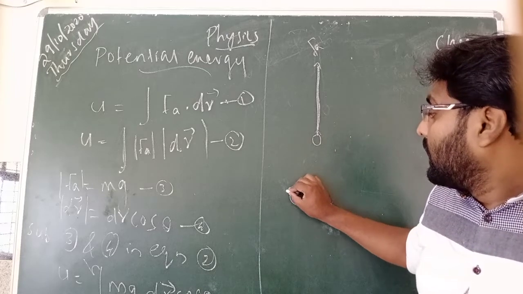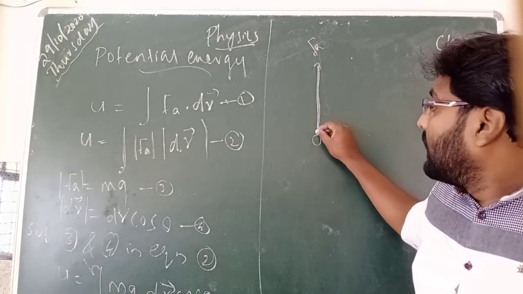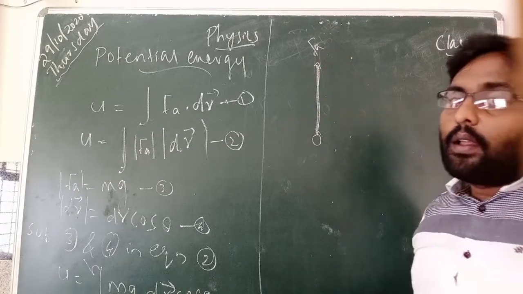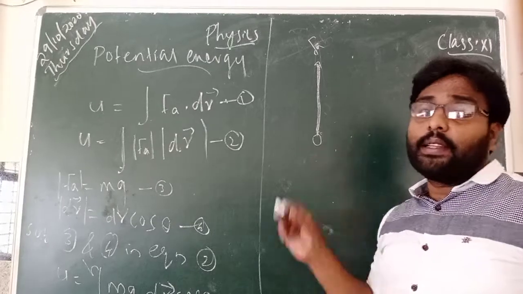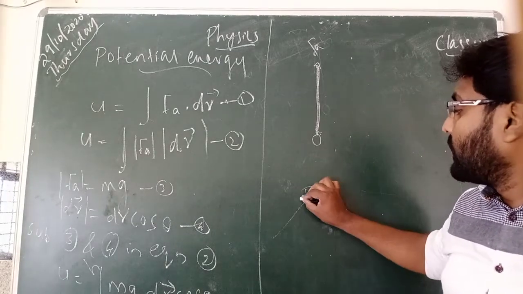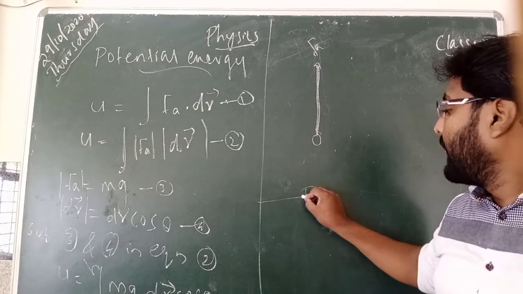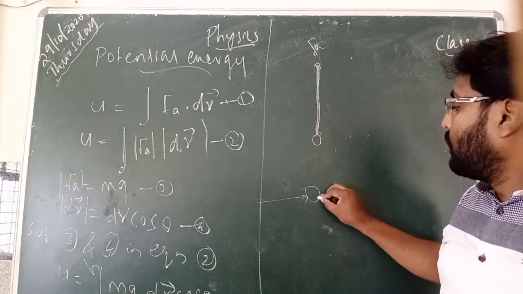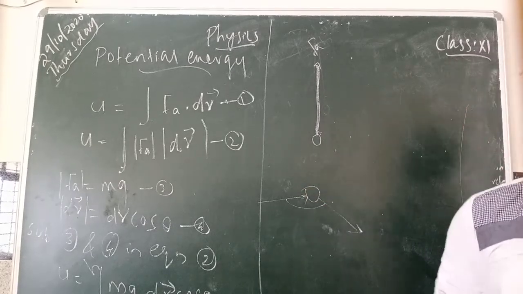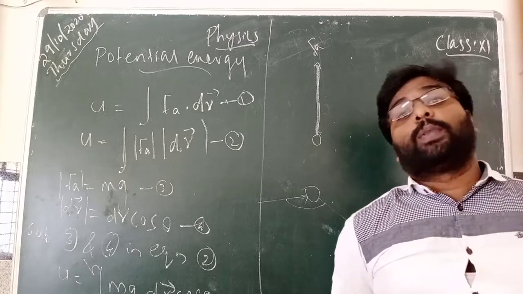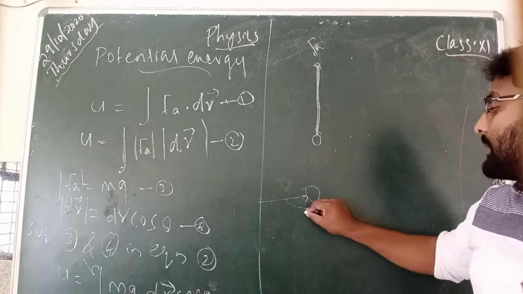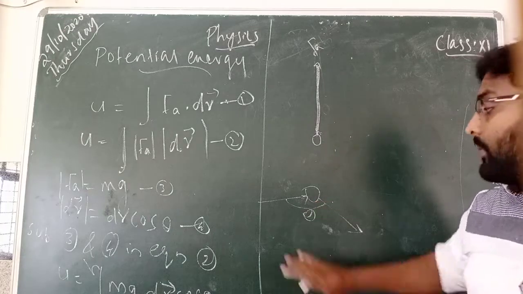Suppose there is an object like this and you are applying a force here, so the object moves like this. Then there is an angle produced like this. So applied force and displacement are in different directions, so an angle is produced. Now there must be some theta value.